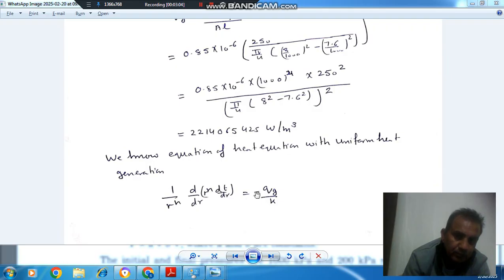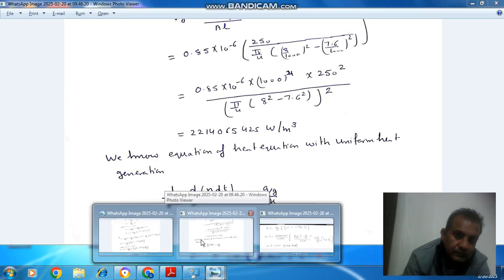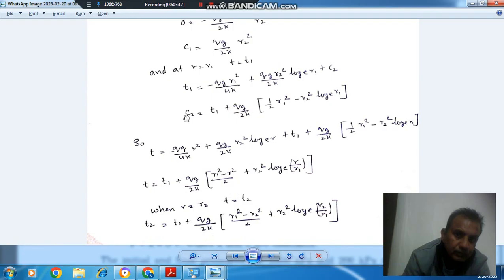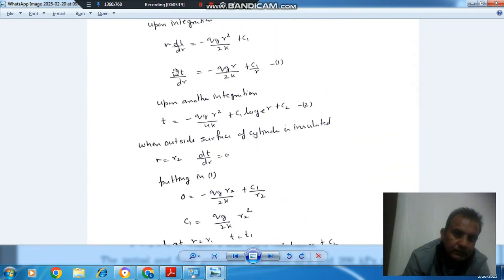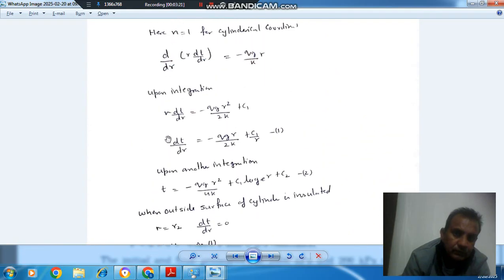Here if we take n equal to 1, it means cylindrical coordinates. So the equation will become like that. This 1 by r will be there, and this r can come here: d by dr within bracket r dT by dr is equal to minus qg by k into r.